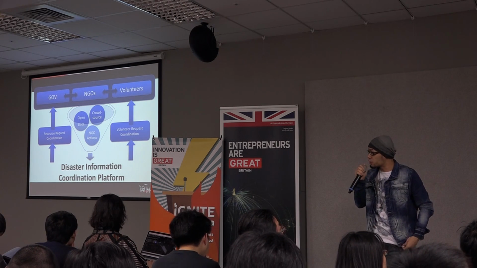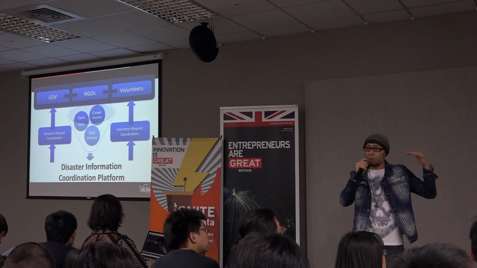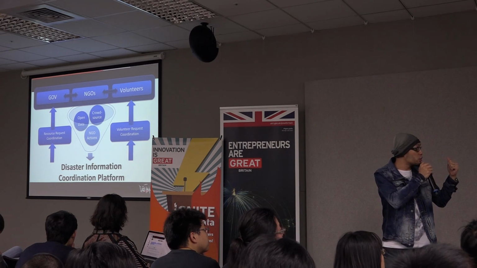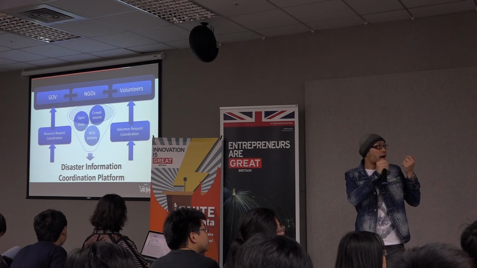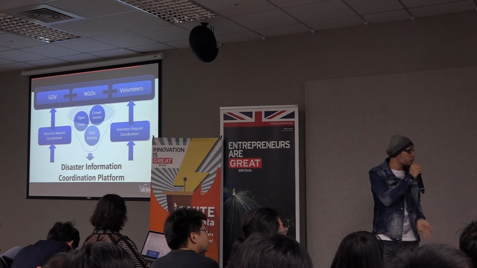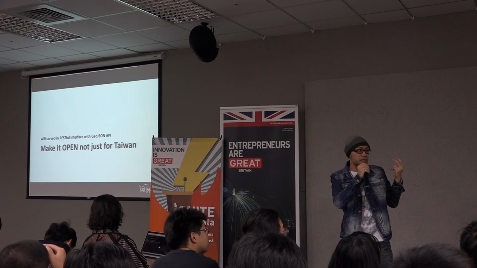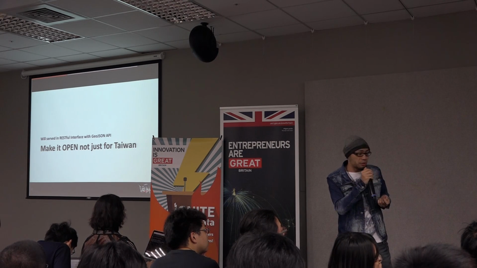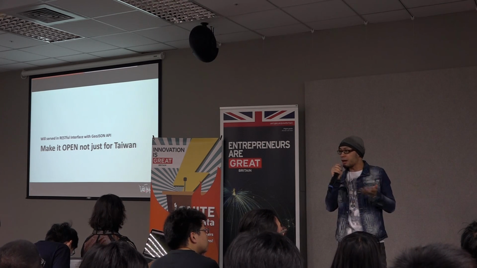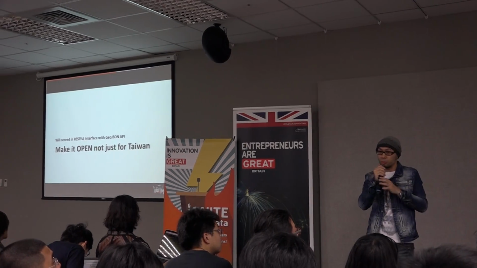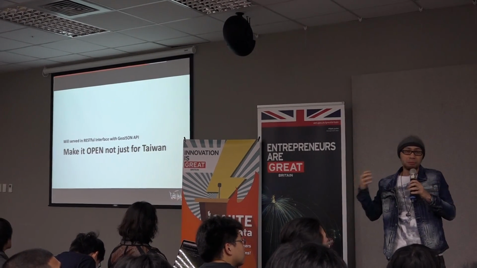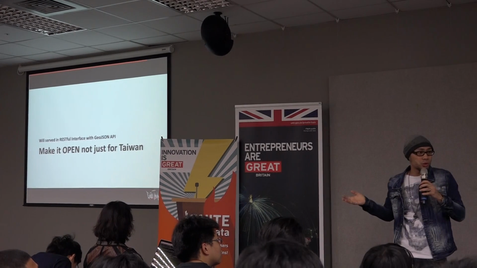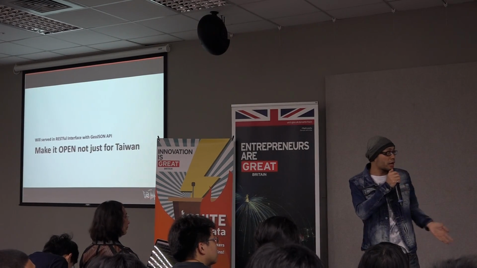What we are trying to achieve is coordination and harmonization between government agencies, NGOs, and volunteers. We are trying to harmonize resources, like volunteers and staff. And the more important part is that we need to make it open so we can collaborate, make good use of it, and deliver it to the users we target.